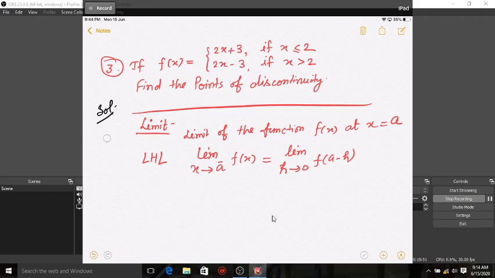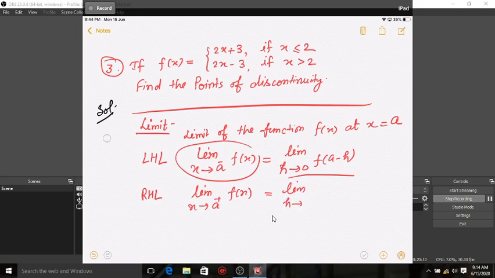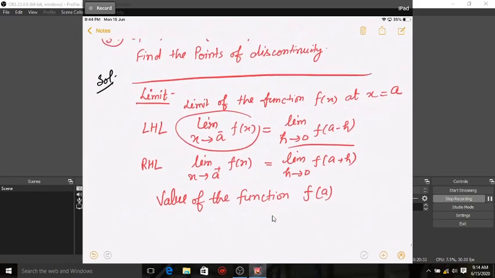In the NCERT book mostly this expression is given, but this expression is also very convenient. I am using this. Now the right hand limit is limit x tends to a positive of f(x). Also we can use limit h tends to 0 f(a plus h), and the value of the function at x equal to a can be represented by f(a).